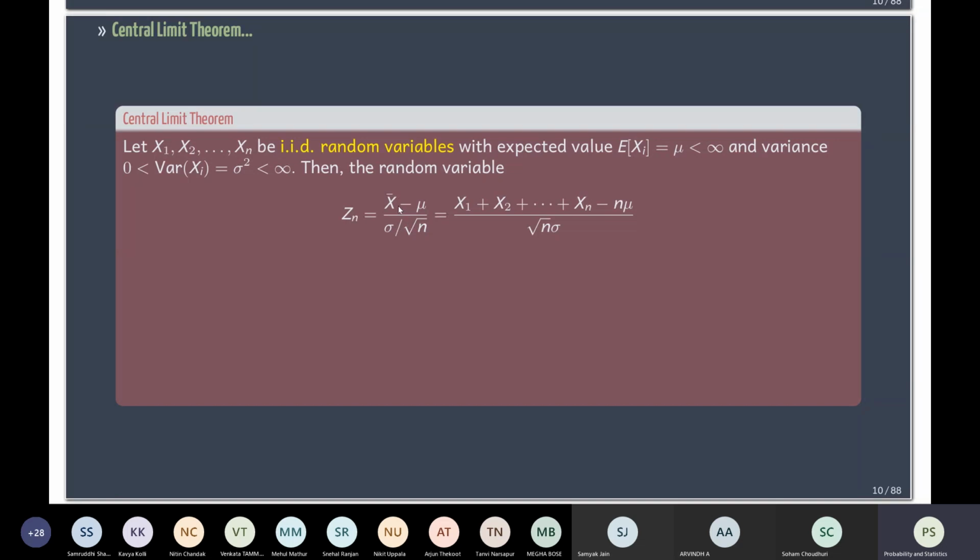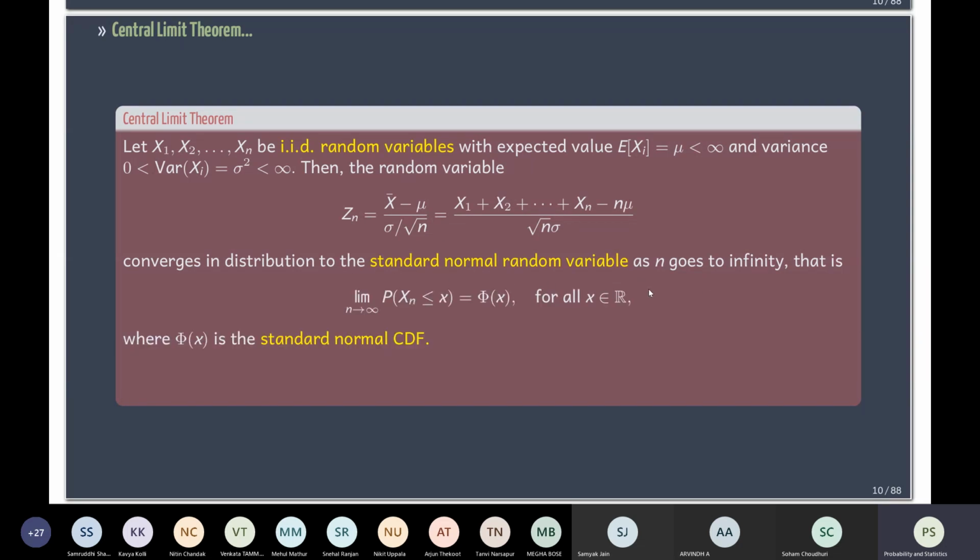So we took the sample, like X1 plus X2 up to Xn, and from there we subtracted n mu, and all this scaling was done in a way to make sure that it becomes a standard normal distribution. So this thing converges in distribution to a standard normal random variable as n tends to infinity.